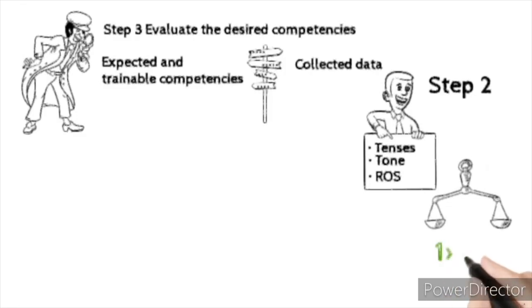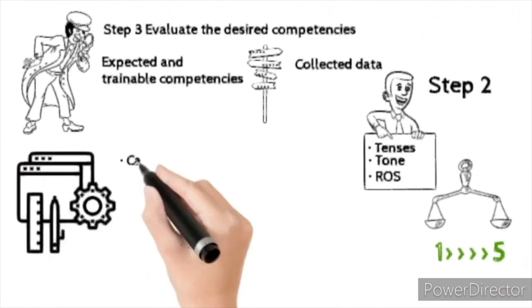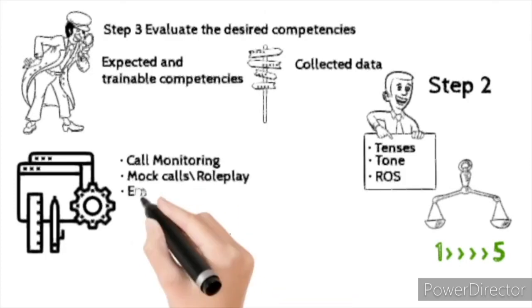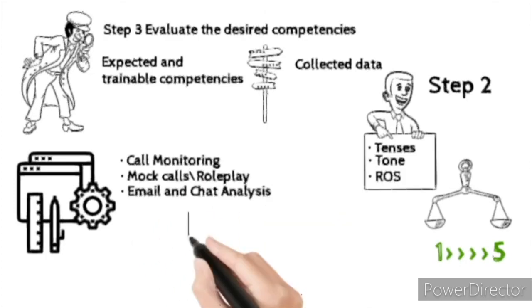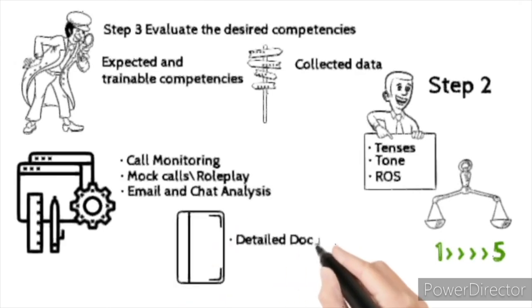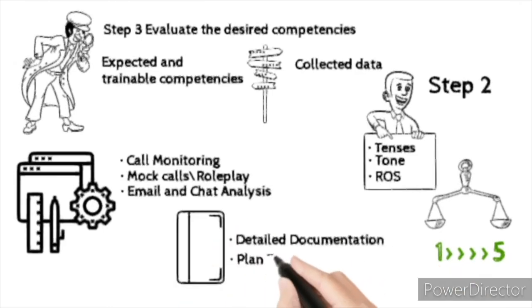You can evaluate the importance of each competency on a scale of 1 to 5, 1 being the lowest, 5 being the highest. This can be done through call monitoring, mock calls, role plays, email and chat analysis. In this step, detailed documentation is critical as it will assist to plan the training module relevant to each competency.